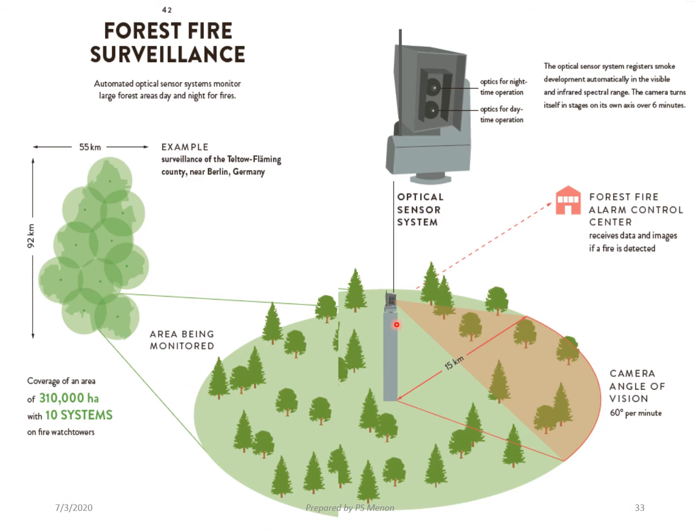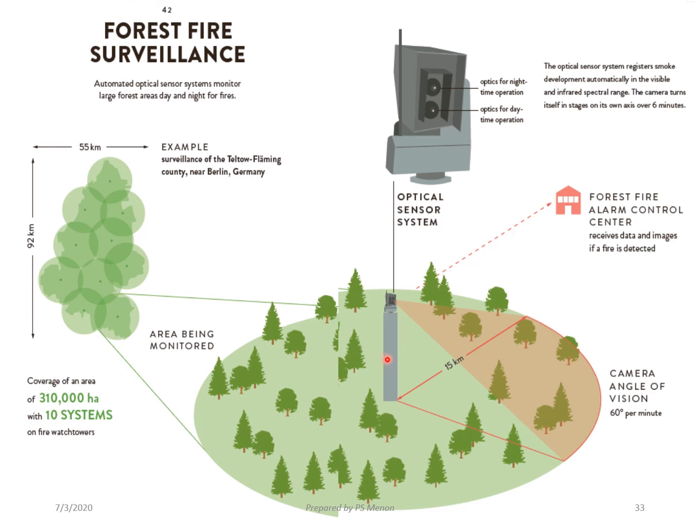So basically you have the optical sensor system. You have two types of sensor system, one for daytime and one for nighttime. It registers smoke development automatically in the visible and infrared spectral range. The camera turns itself in stages on its own axis over 6 minutes. So it rotates, captures images, and also detects the presence of smoke.